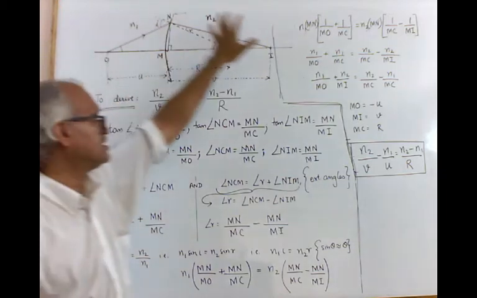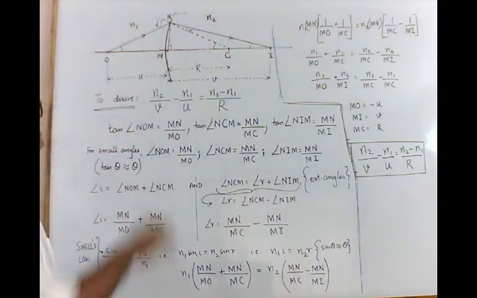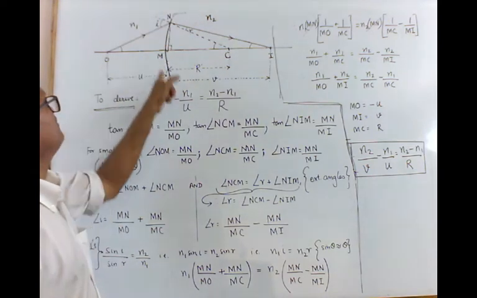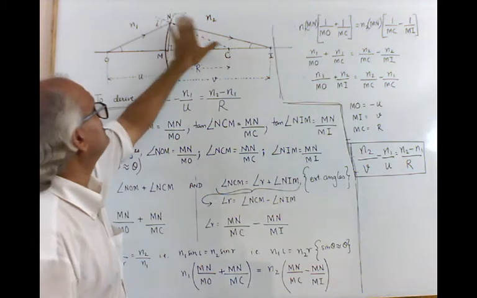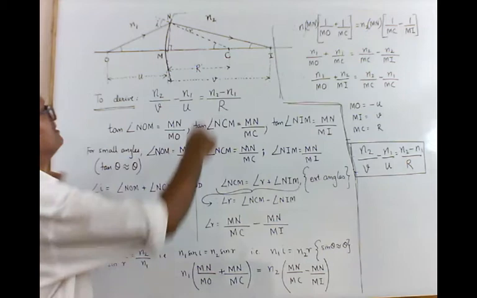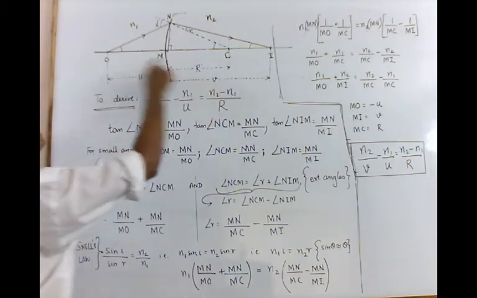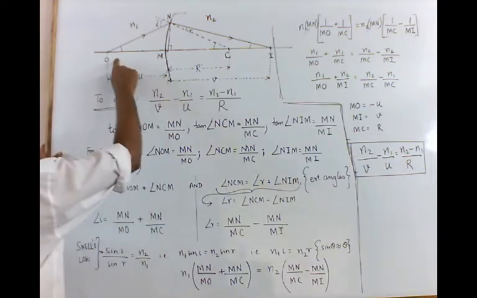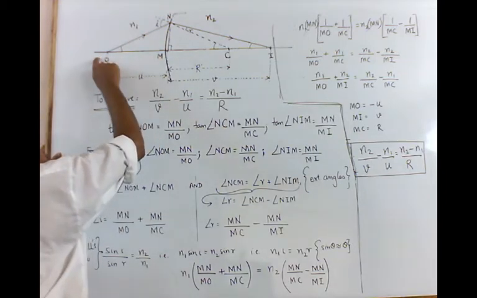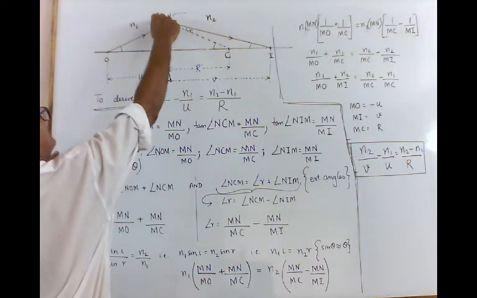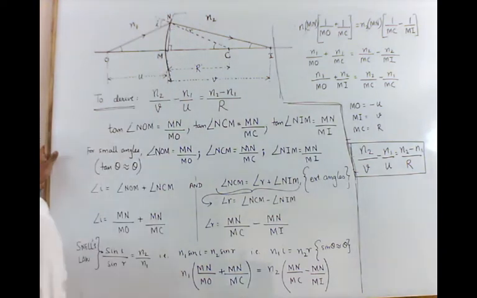So taking this figure as reference, to quickly revise, this is a medium with refractive index n1. This is a curved spherical surface having radius R and refractive index n2. This is its center of curvature. In medium n1, we have kept an object at O, from which a paraxial ray goes like this, O to N, ON, making an angle of incidence i over here.